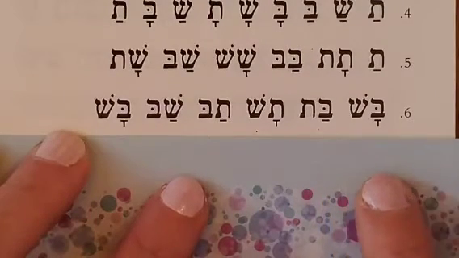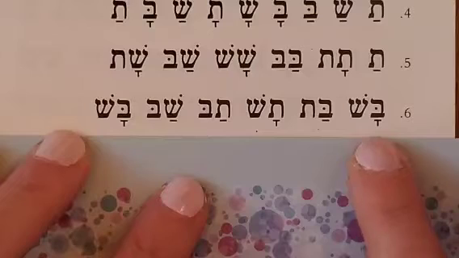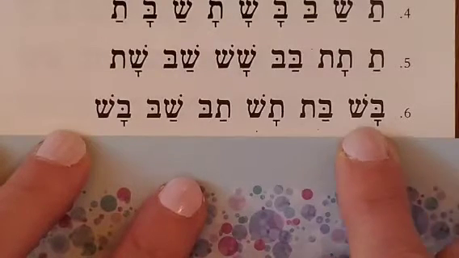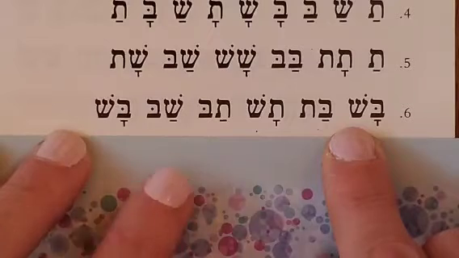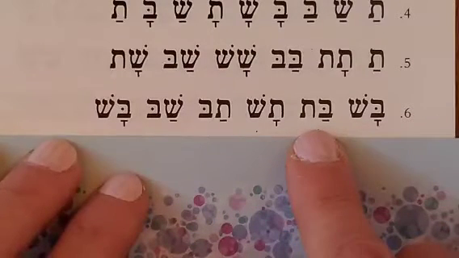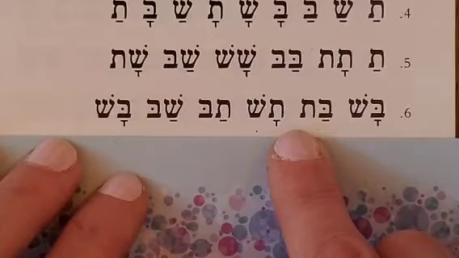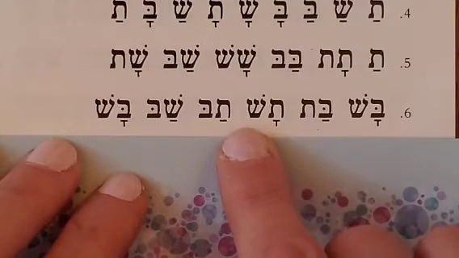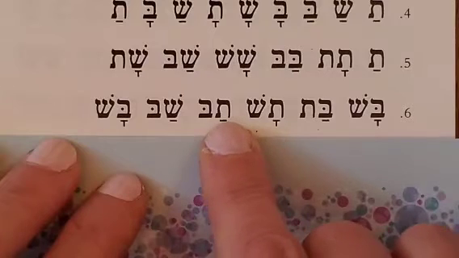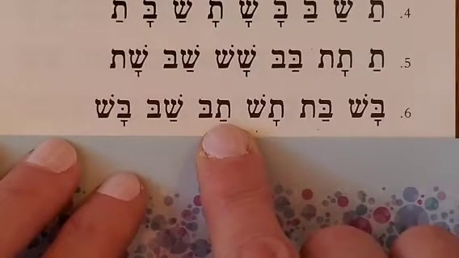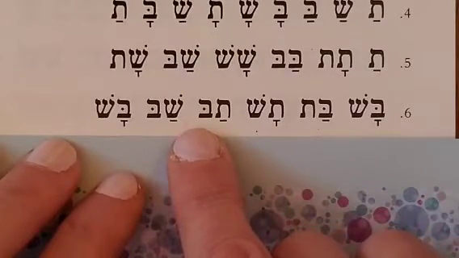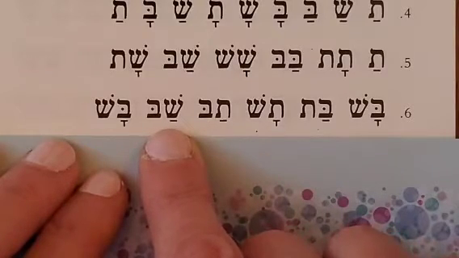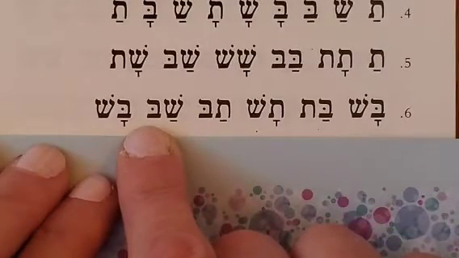And the last one on this exercise is number 6. See what we have here. Ba, you say it before me. Sh, ba, t, ta, sh, ta, b, sha, b.